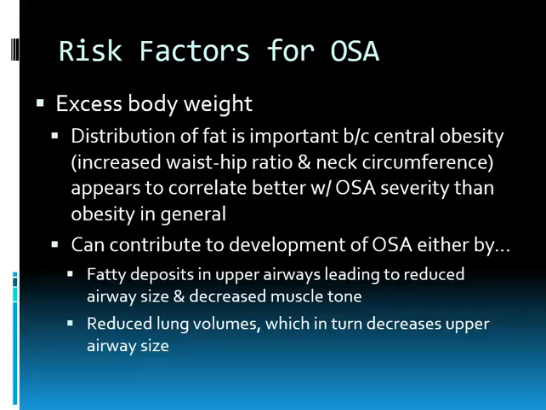When we gain weight, we tend to gain it everywhere, and that can include the upper airways, getting fatty deposits in the soft tissues of the upper airways, which can further narrow the airway, reduce airway size, and put more strain on the muscles keeping your airway open. So it can really impact the muscle tone of the upper airway as well.